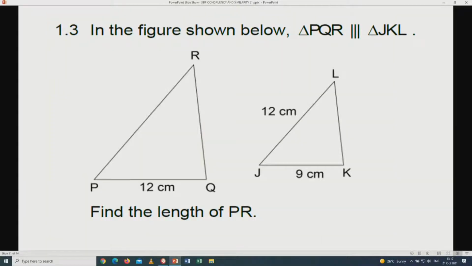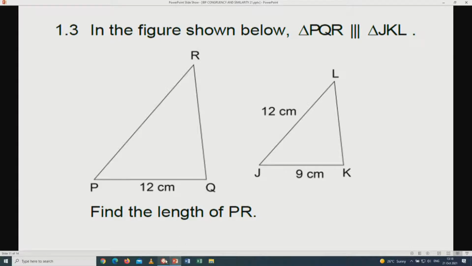Let's look at this one now. In the figure shown below, PQR is similar. They are telling you it's similar now. They want the length of PR. They are looking for the length of PR.